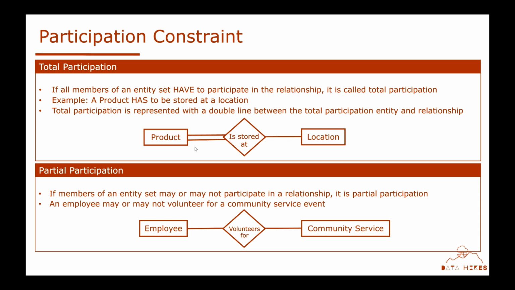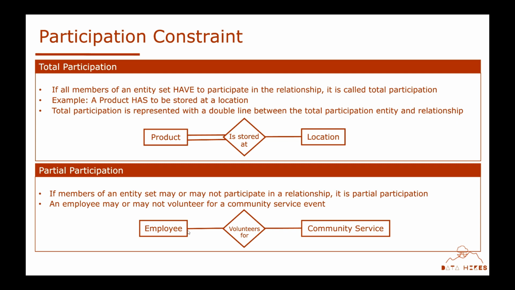The other example is partial participation, where if members of an entity set may or may not participate in the relationship, it is partial participation. For example, an employee may or may not volunteer for a community service event. It is represented just by using a simple solid line between the entity and the relationship, and we are saying that an employee may or may not volunteer for community service.